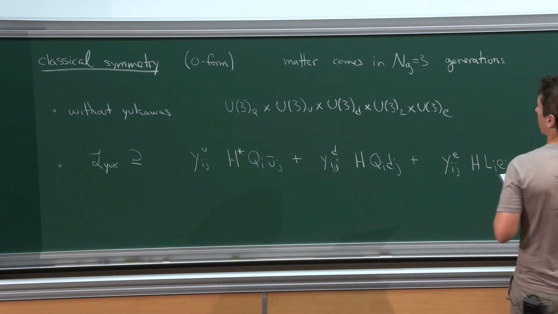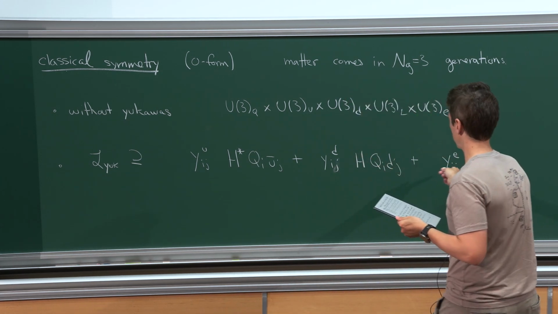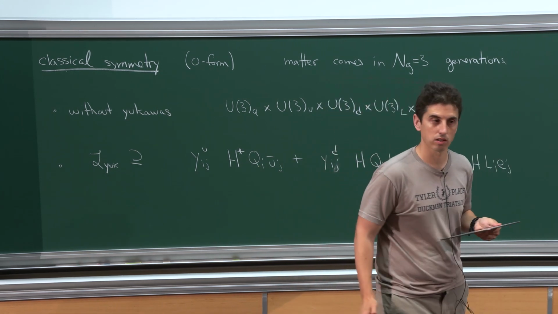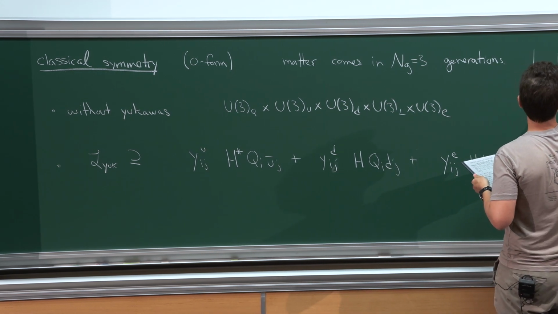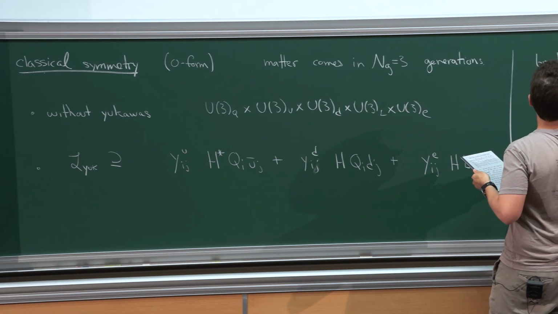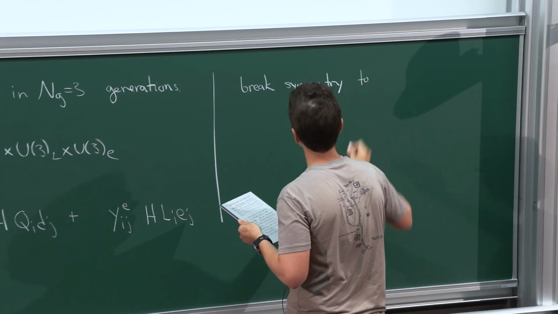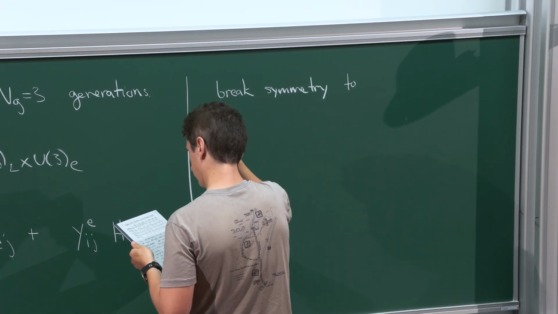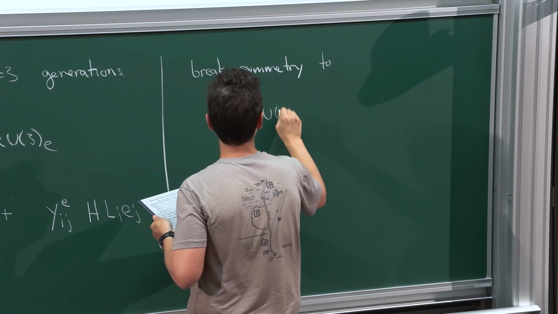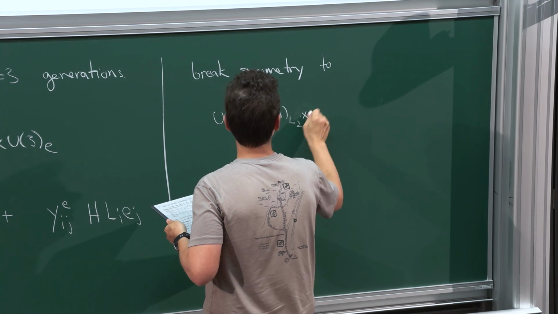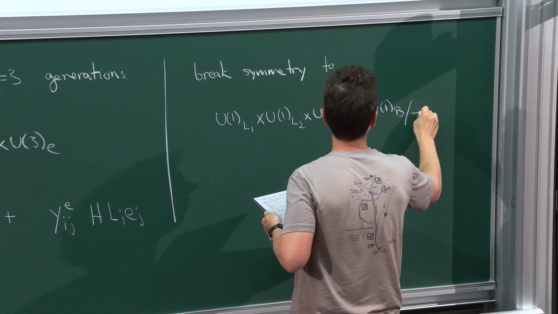OK. And these already at the classical level break most of these symmetries. These are pretty generic matrices. They don't seem to have very obvious patterns. So they break symmetry. To what, classically? To the following: U(1)_L1, U(1)_L2, U(1)_L3, U(1)_B mod Z3.